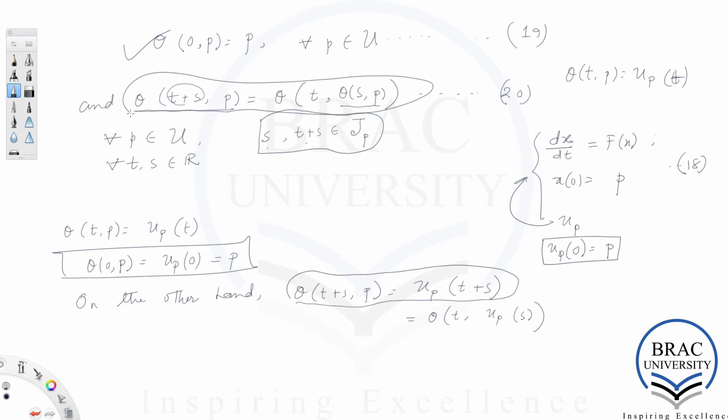You take this equation and the left hand side can be written down like this, and the right hand side, theta t comma theta s comma p, can be written like this, using this definition of theta.